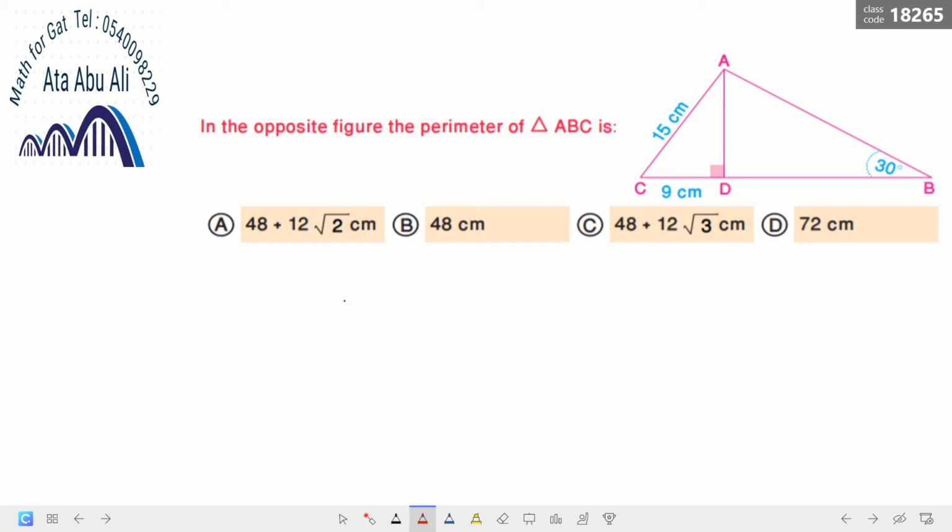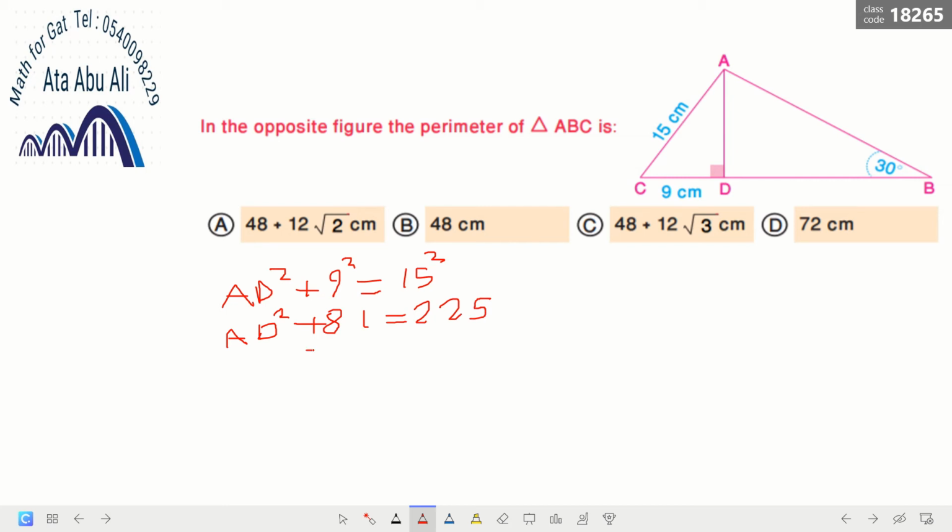By the Pythagorean theorem, AD squared plus 9 squared has to be equal to 15 squared. That means AD squared plus 81 is equal to 15 times 15, 225.